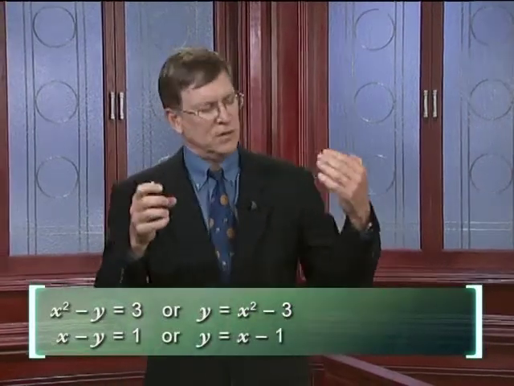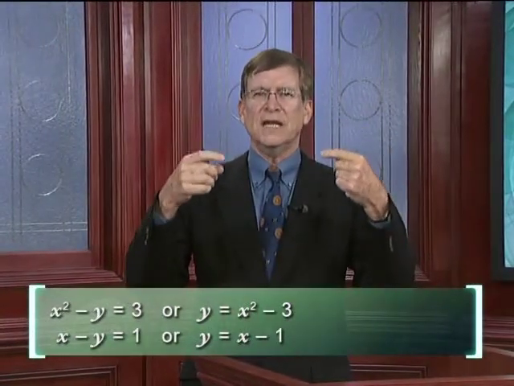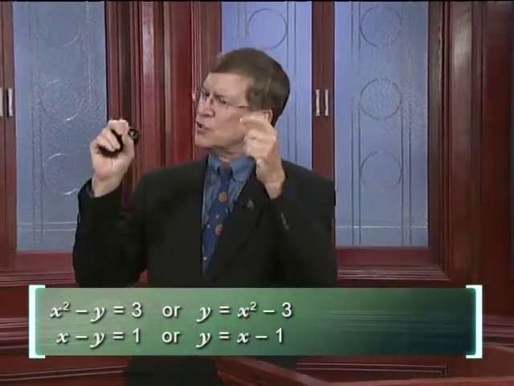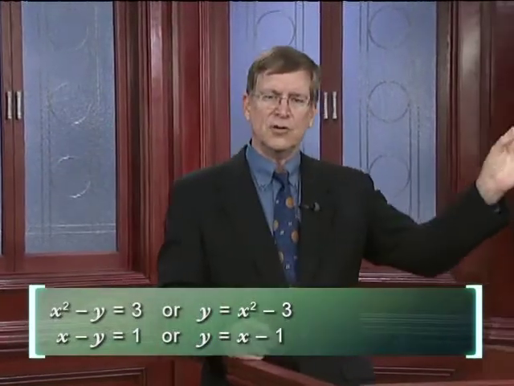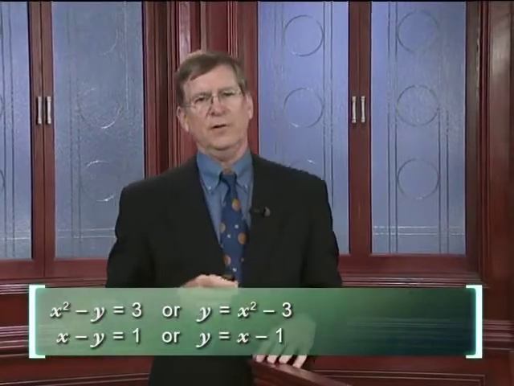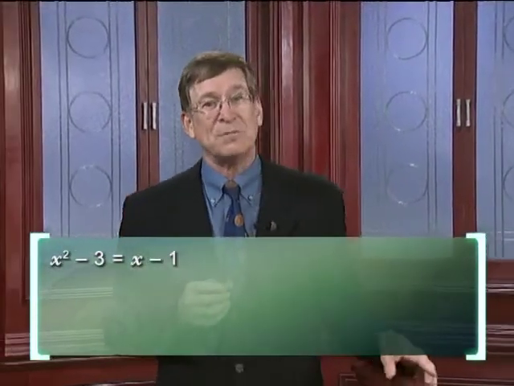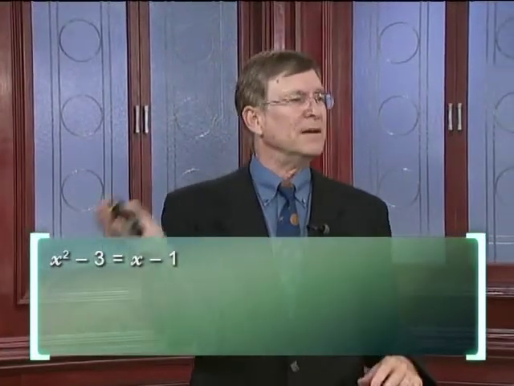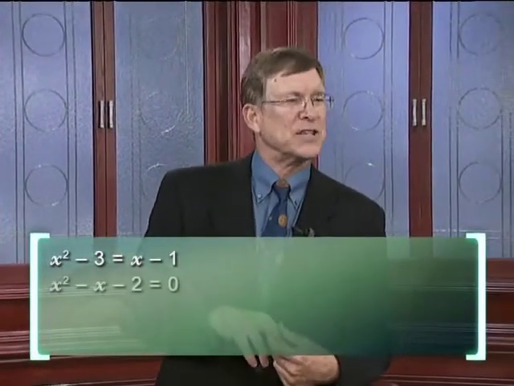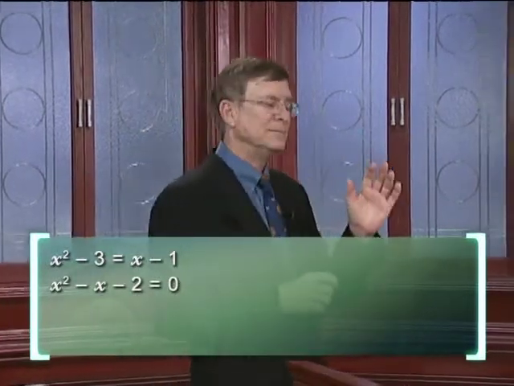So what I've done here is I've taken the original equations and written each equation as y equals in terms of x. And now I can set those two equal to each other, and I get x squared minus 3 equals x minus 1. Bring everybody over to the left-hand side, x squared minus x minus 2 is 0, and factor.